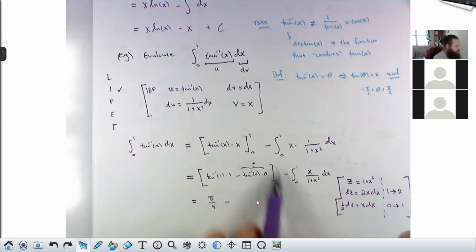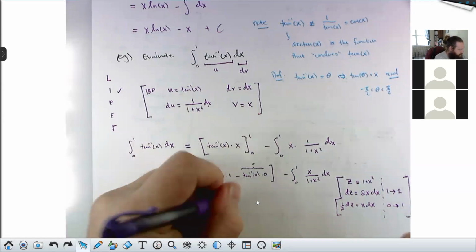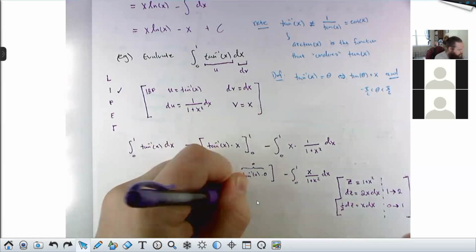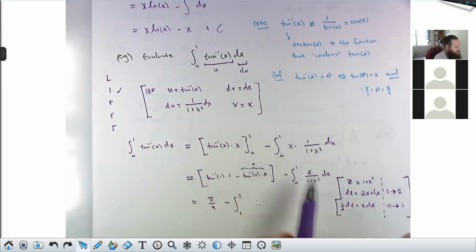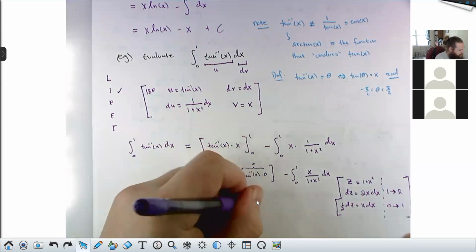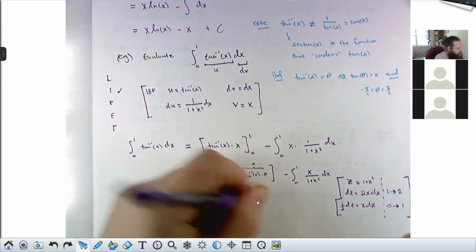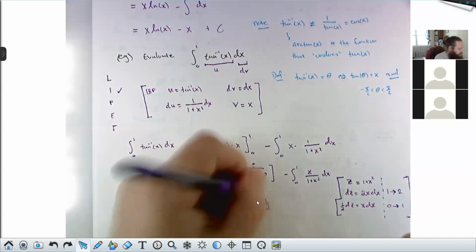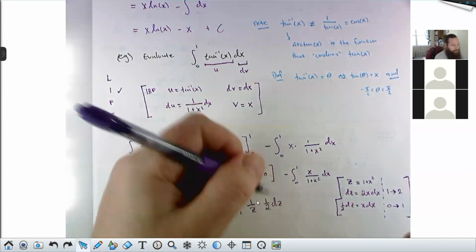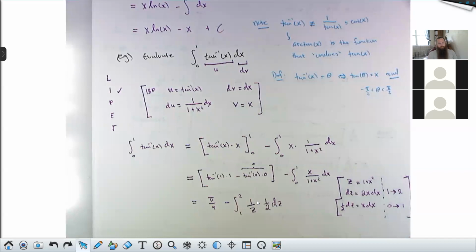So this first piece here is just pi over 4. Minus this, and then we have the integral from 1 to 2. X dx is 1/2 dz, and downstairs I have a z. So this is the integral from 1 to 2 of 1 over z times 1/2 dz. That's how that substitution shakes out.